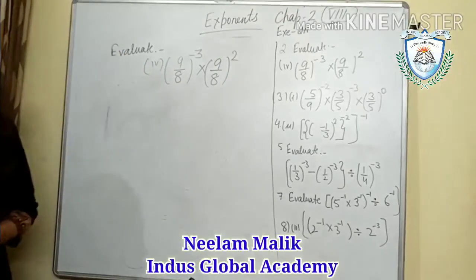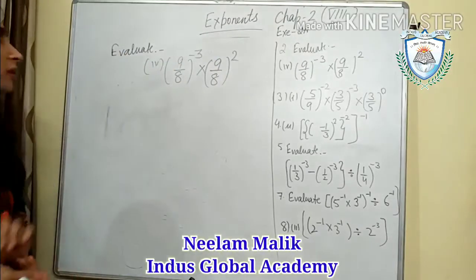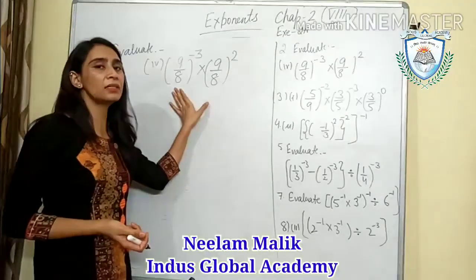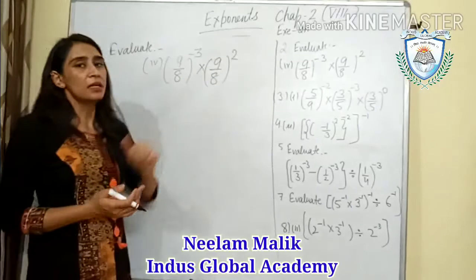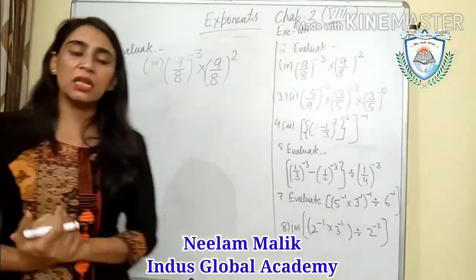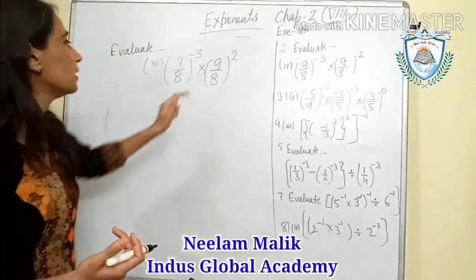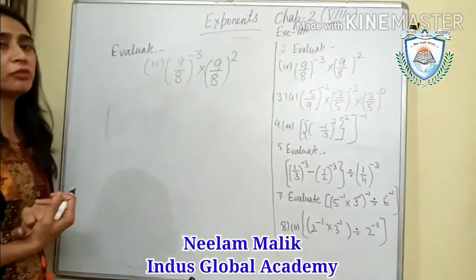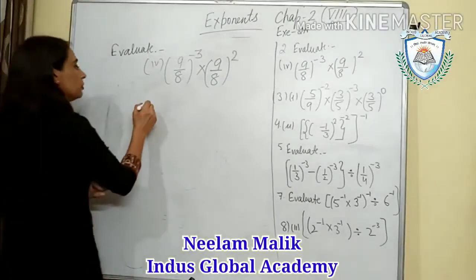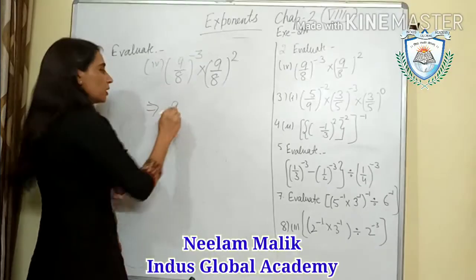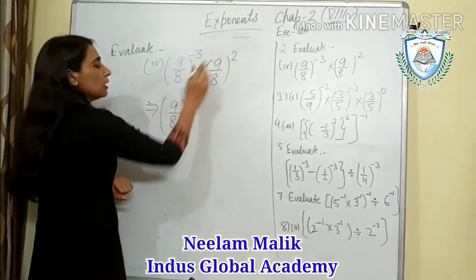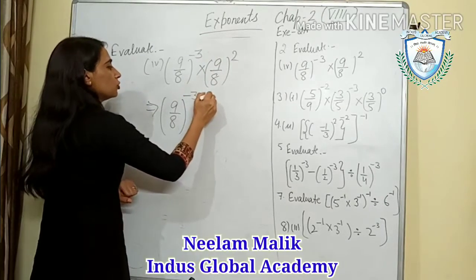Here, look, there are two rational numbers given, but both are the same. Means the bases are the same and the powers are different. When the bases are the same and the powers are different and they are in multiplication, what we will do is the powers will be added. So it will be equal to 9 upon 8, base will be same and powers will be added, minus 3 plus 2.